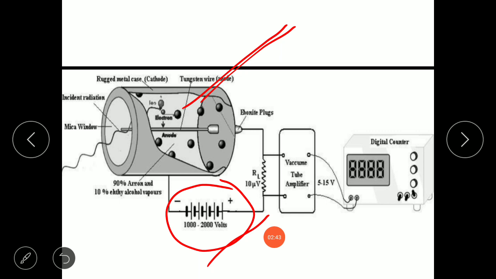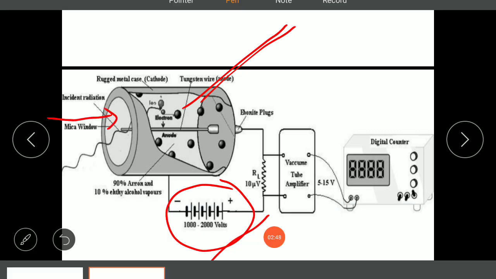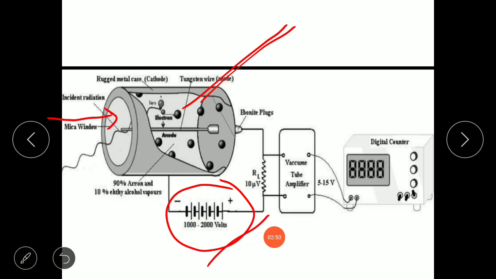Now what will happen when the nuclear radiations enter through this window into the glass envelope? As I have told you, alpha, beta or gamma rays have ionizing power. They can ionize the atoms they come in contact with.